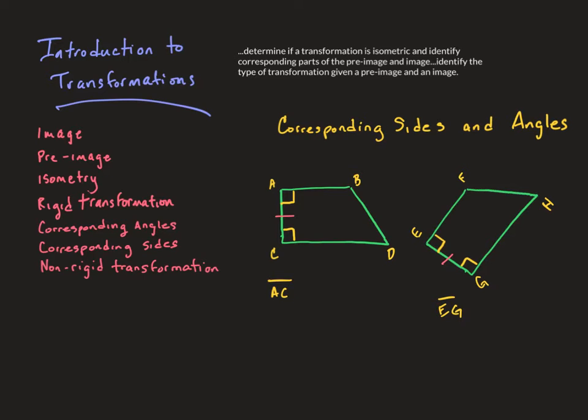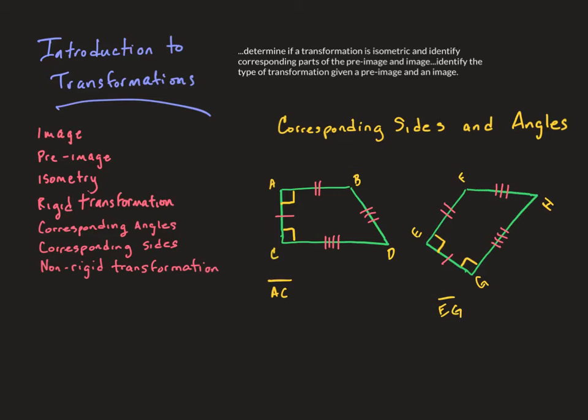If I have another side here, the length of AB and the length of EF are congruent, because that's what our marks indicate, congruency. So it looks like AB is also a corresponding side to EF. And if I continue identifying these things, FH is congruent to BD, and GH is congruent to CD.